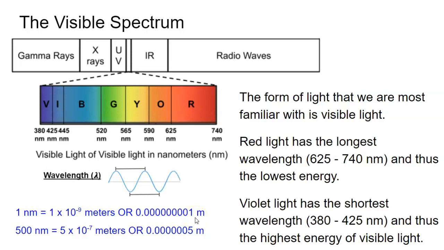Now, if we're talking about 500 nanometers, and you notice that the visible region is on the order of hundreds of nanometers, then that will be times 10 to the minus 7. So as I said, red light has the longest wavelength of all the visible light, and thus it has the lowest energy. On the other hand, violet light has the shortest wavelength, and thus has the highest energy.